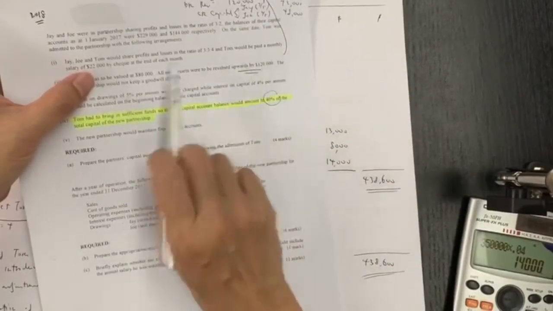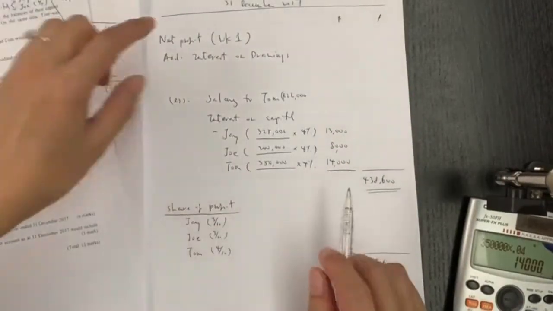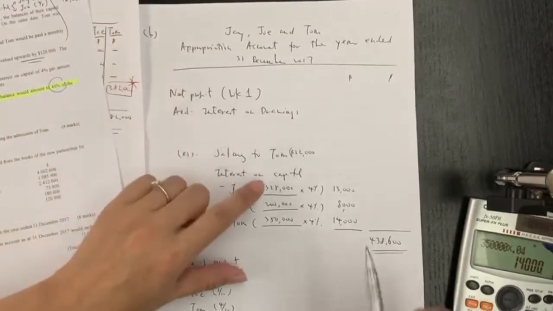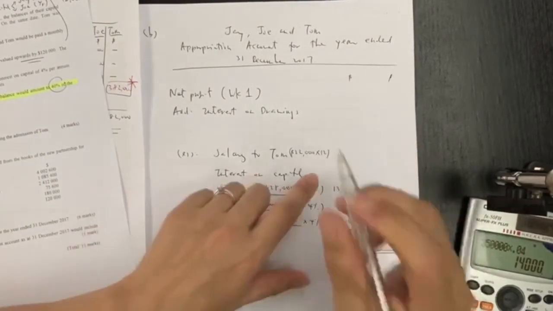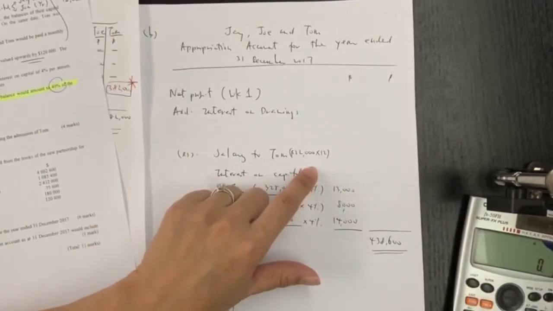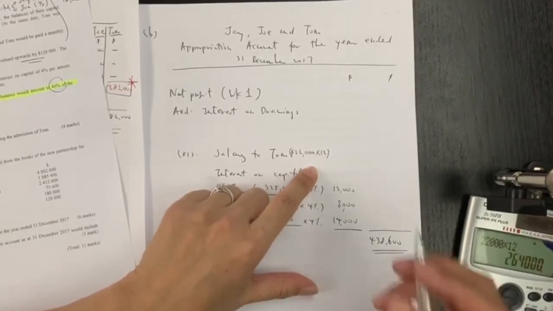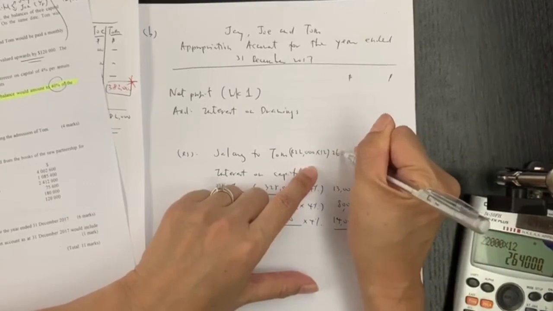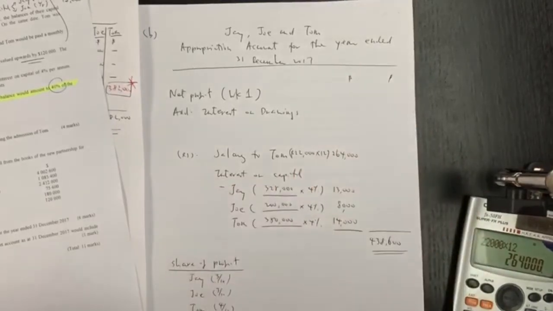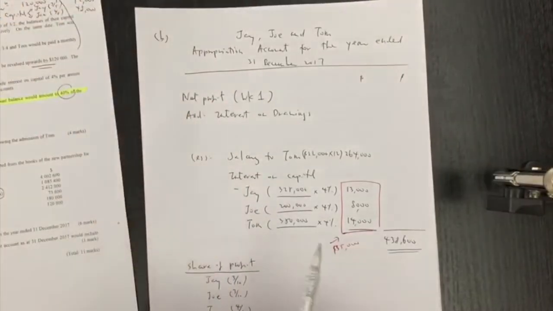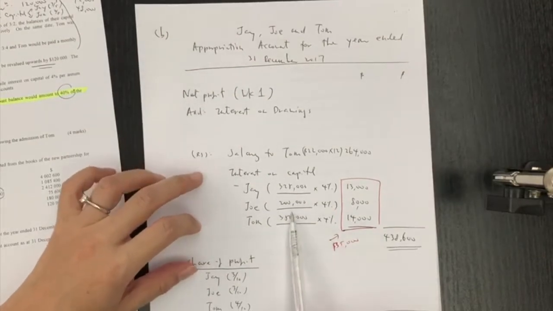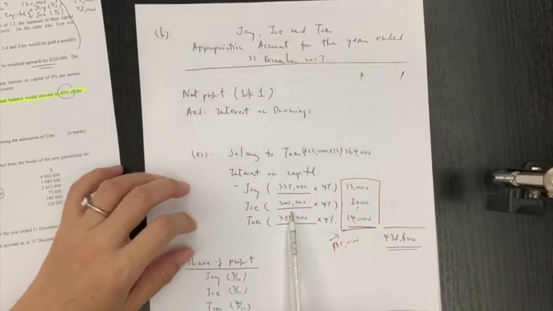This is monthly, so for 1 month, and the profit and loss account lasts for a year, so times 12. Don't make any careless mistake here. 22,000 times 12 would be 264,000.